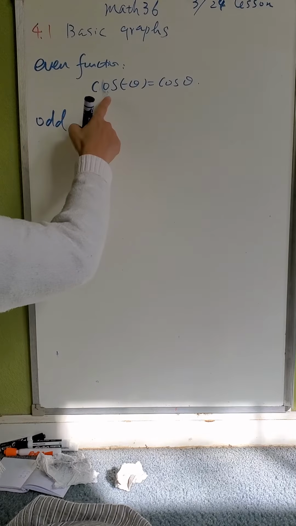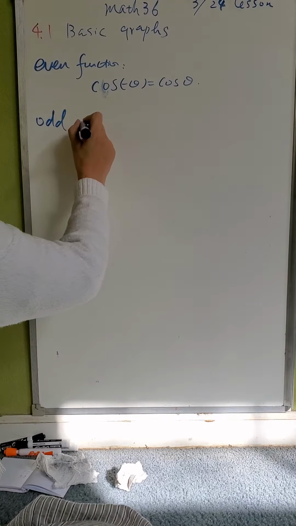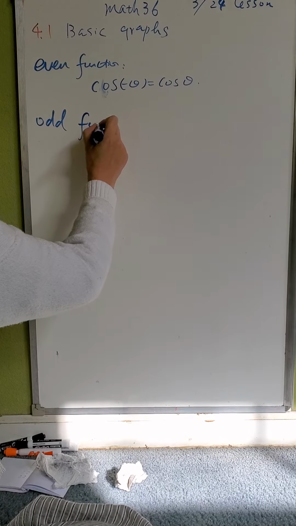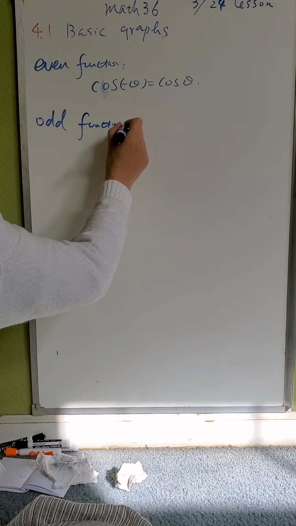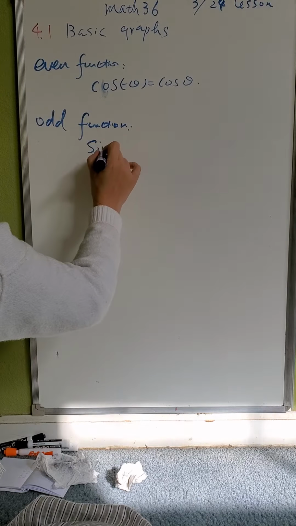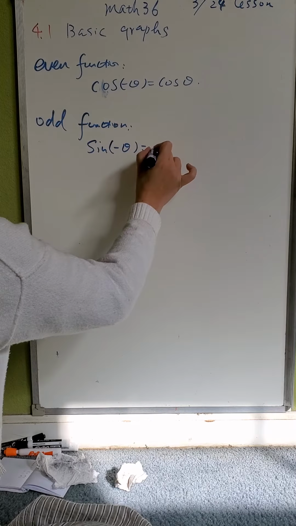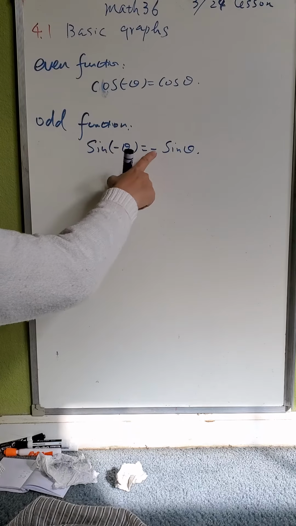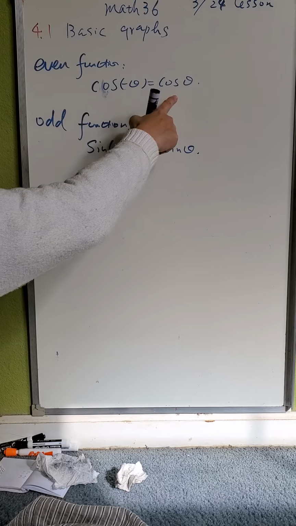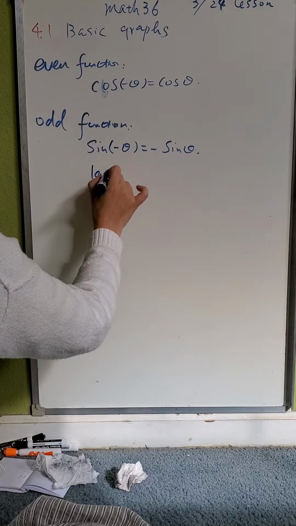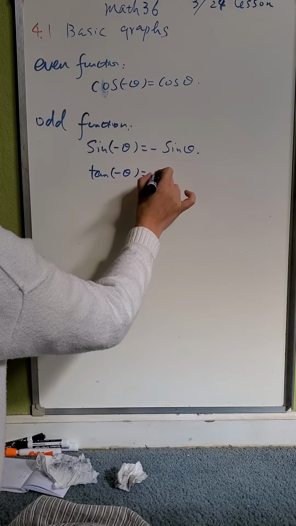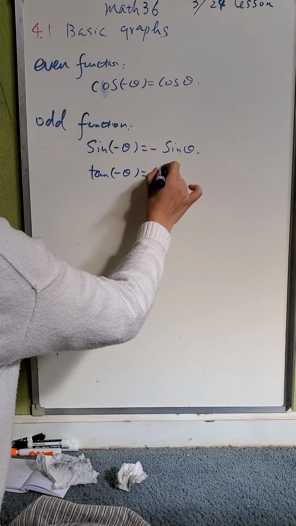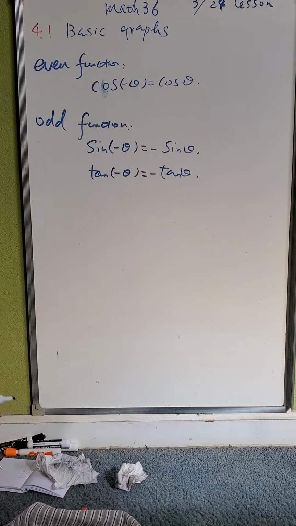Odd function, same as secant, so I didn't write it. Cosine, odd function is for sine. So for the odd function the negative comes out, but for the even function the negative is gone. And then we have tangent also. And this is useful, okay, even odd function is pretty useful.